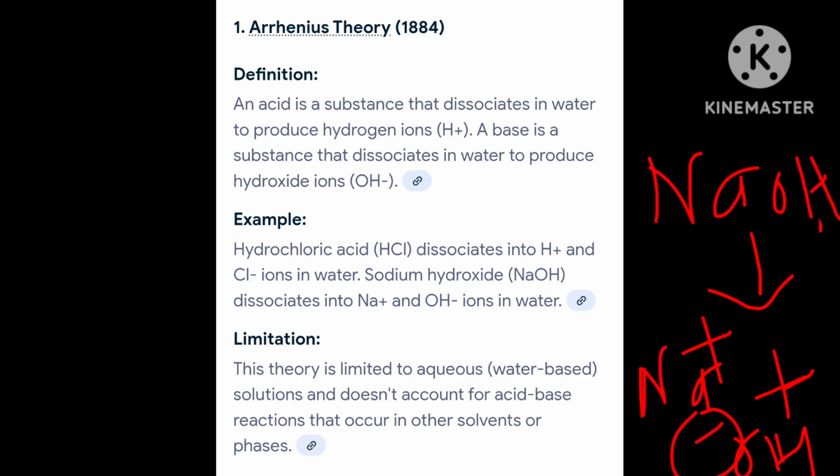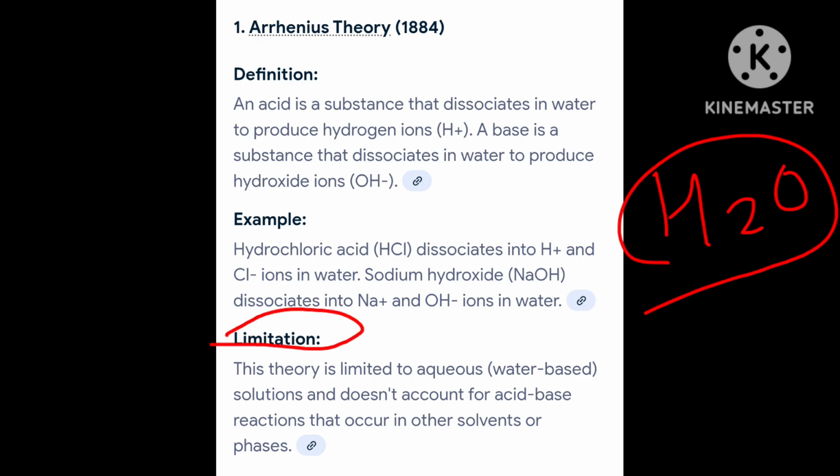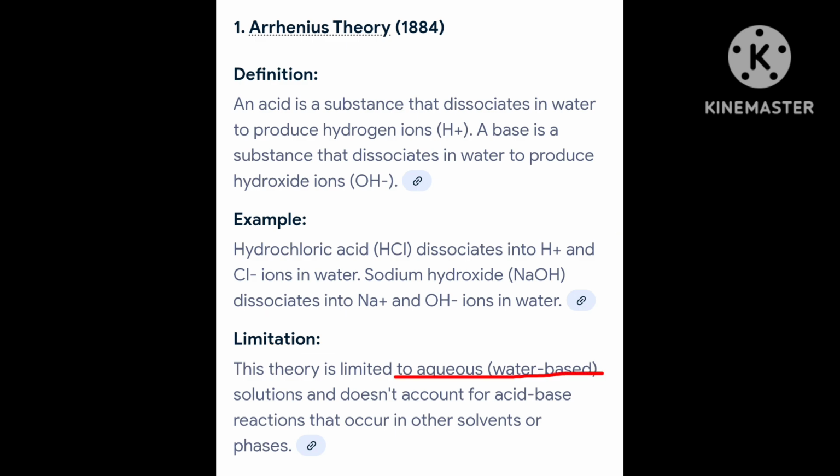And NaOH gives Na+ and OH- ions, so it is a base. The limitations of that theory are that it is only water based, meaning an aqueous medium, and it doesn't account for acid and base reactions that occur in a solvent. The medium is always water based, which is known as an aqueous medium.